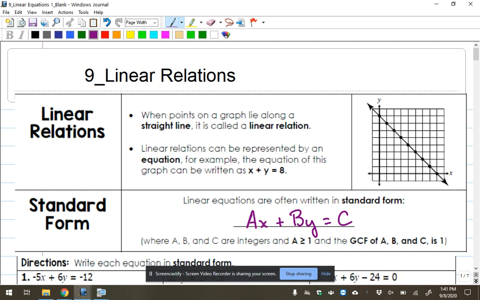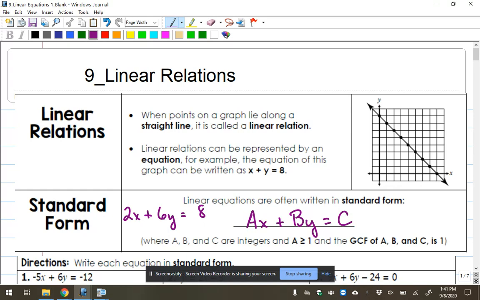Like if you had a problem that was 2x plus 6y equals 8. That looks like standard form. It meets all the criteria except for the GCF, because all three of those numbers could be divided by what? 2. So you would divide them all by that number.